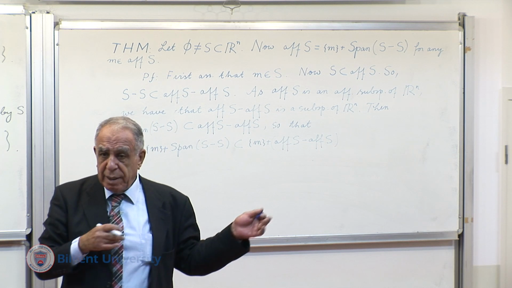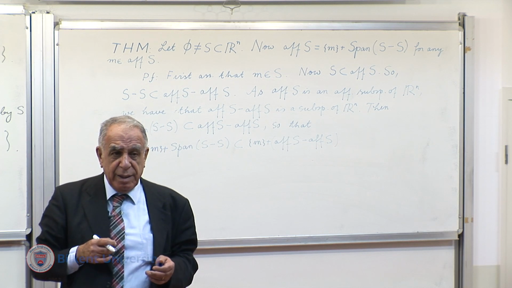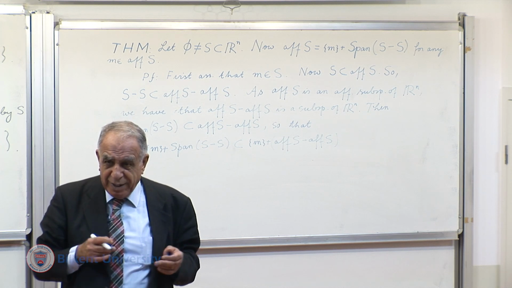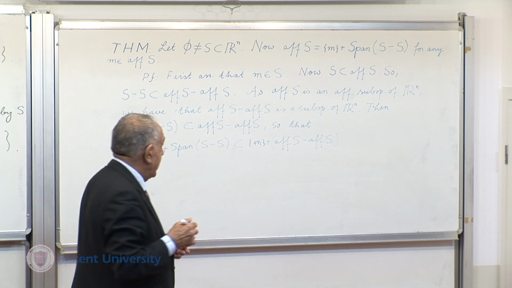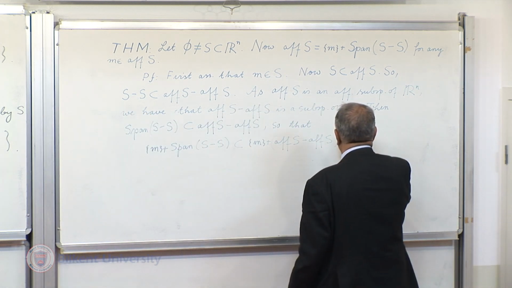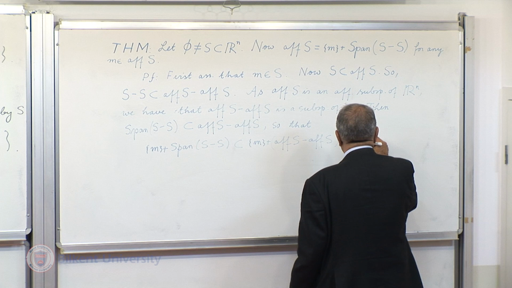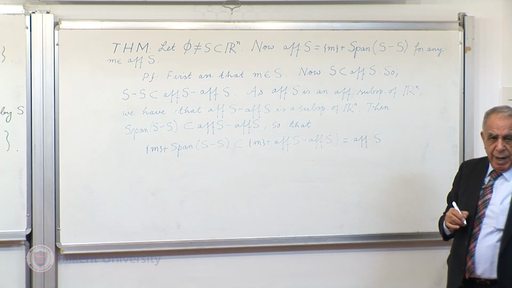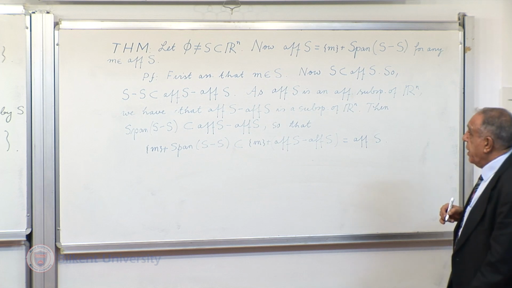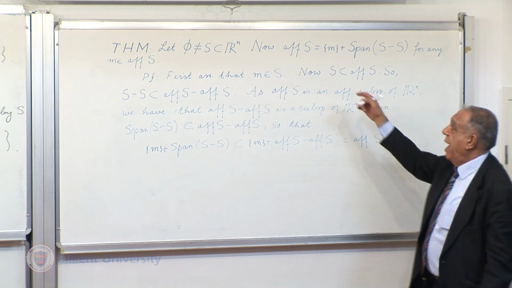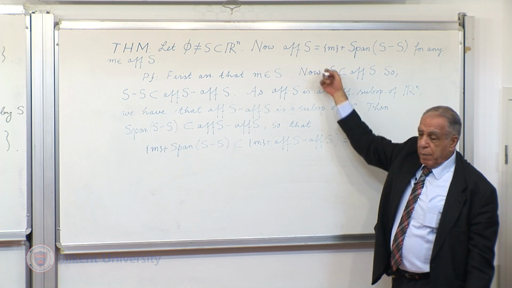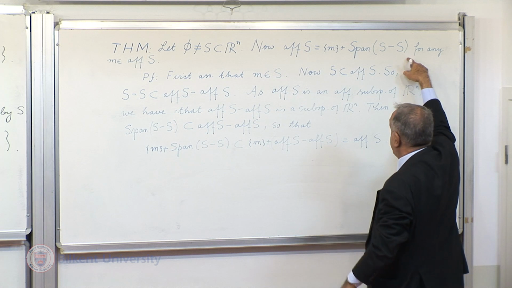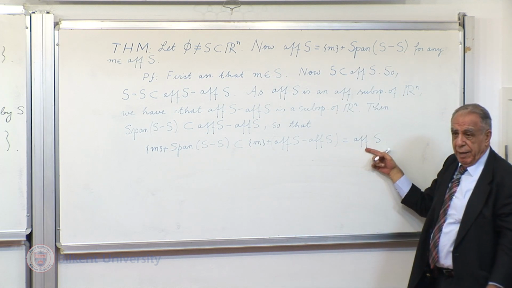M is in S, thus M is in affine hull of S. And affine hull of S is an affine subspace. We know that this is equal to affine hull of S. Okay? So we have shown half of this equality, namely that the right-hand set here is contained in the left-hand set.